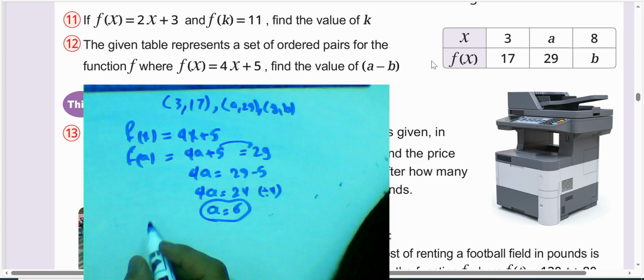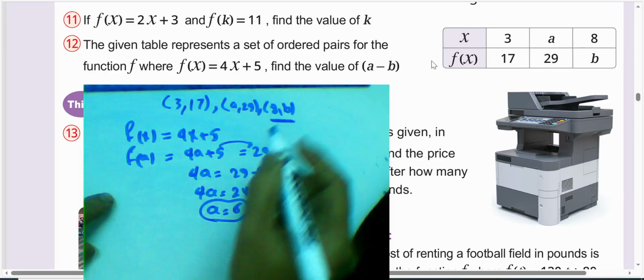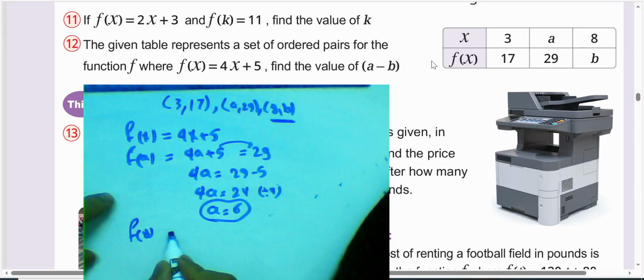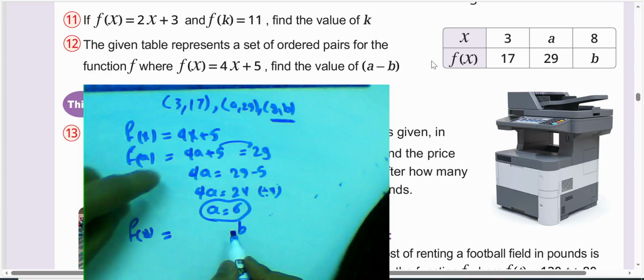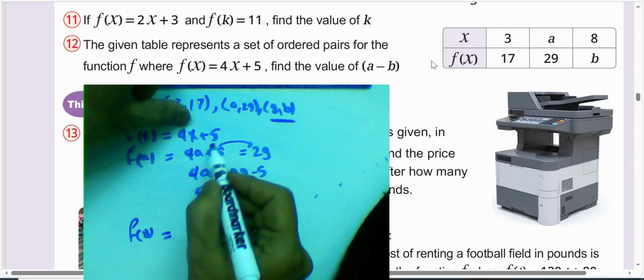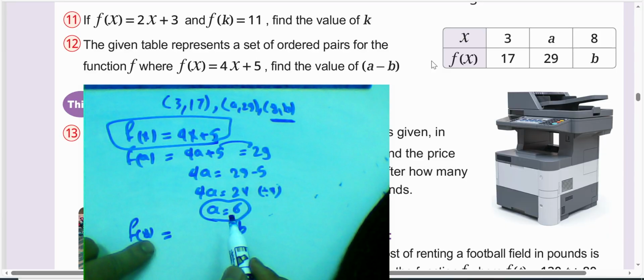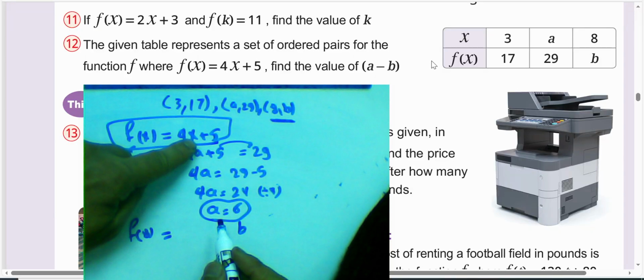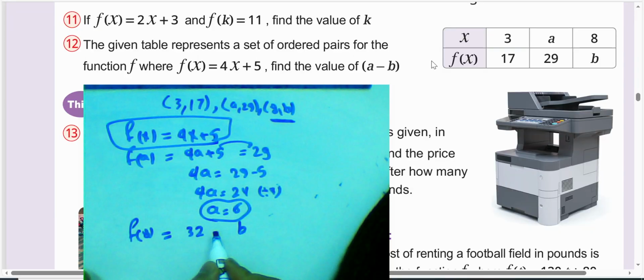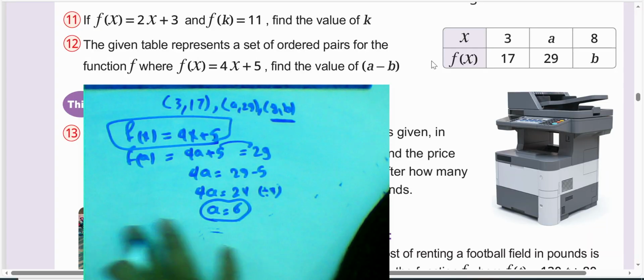And such that we have the point 8 and b. F of 8, the answer will be equal to b. Put x equal 8 in the function here. 4 times 8 is 32, plus 5 equals b. Understood or not? Okay, listen to me again. We have f of x.